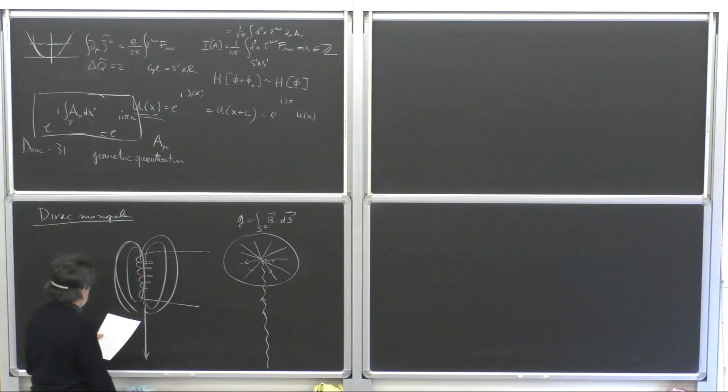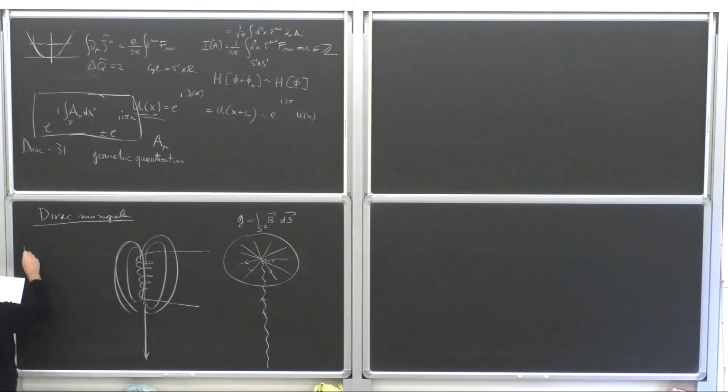So a solution for B is G over 4 pi r squared, r-hat, plus G theta of minus z, delta of x, delta of y, in direction z.